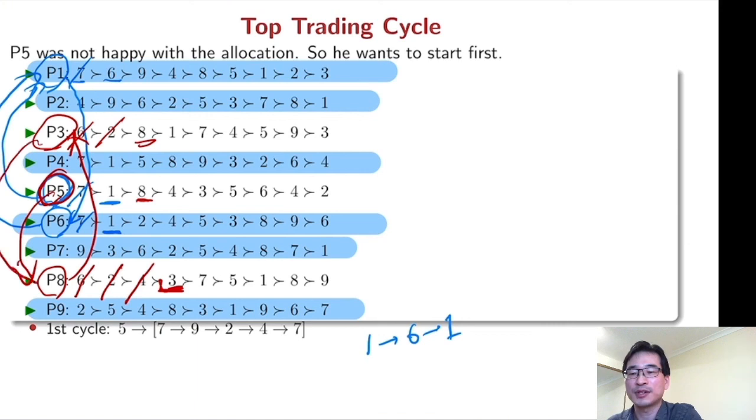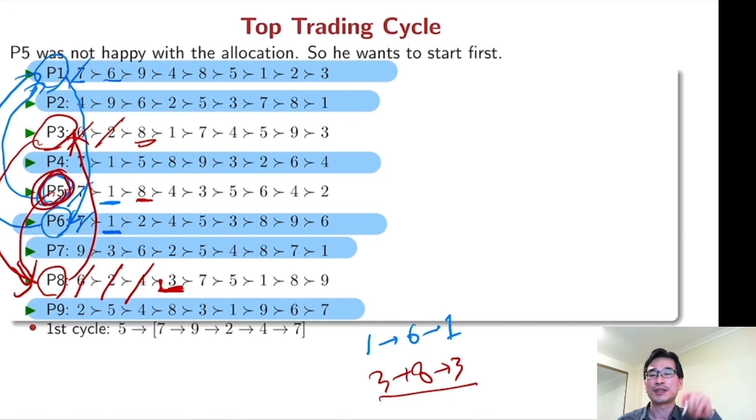So we have another trading cycle, which is 3, 8, 3. But again, P5 is not part of this cycle. And again, P5 should remain in his initial office.